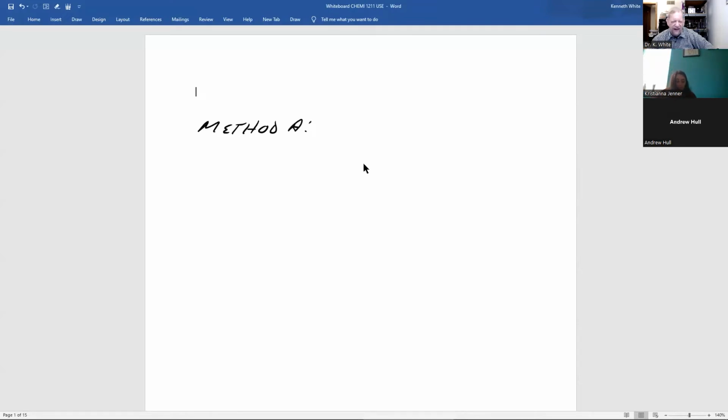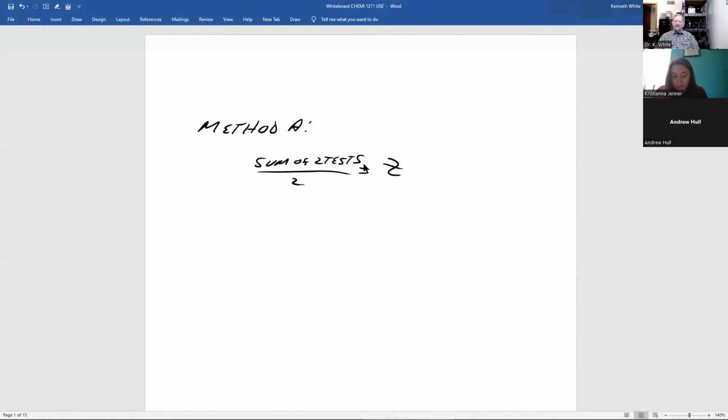Let's call it method A. If you take the sum of your 2 tests divided by 2, you'll get a number Z.